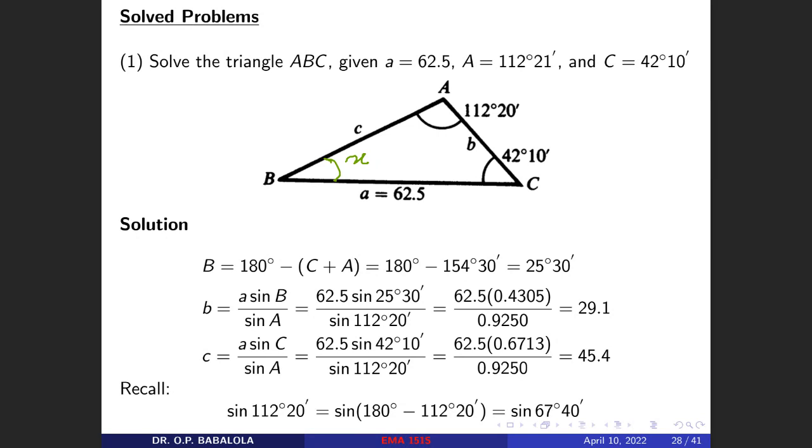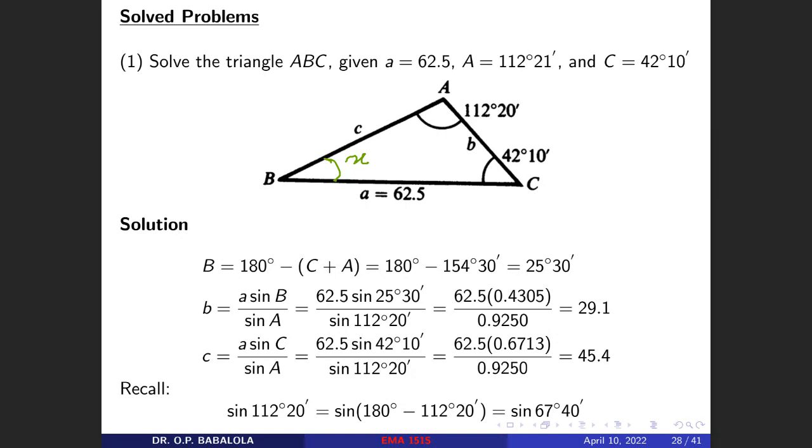That is the basic formula you use here. It will be 180 minus the sum of the two angles that have been given. In that case, we obtain angle B to be 25 degrees 30 seconds. Please solve that yourself and see you've got the same answer.